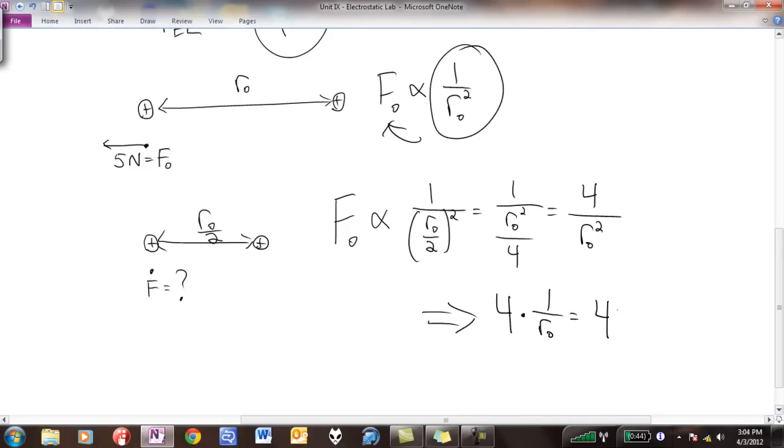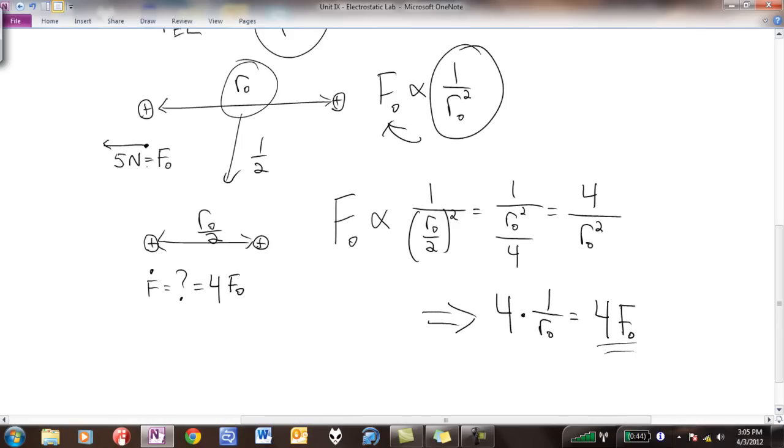So in this case, I could say it's 4 times the original force. So when I re-look at this example, I have just discovered that if I cut my original radius in half, I will get 4 times the original force.